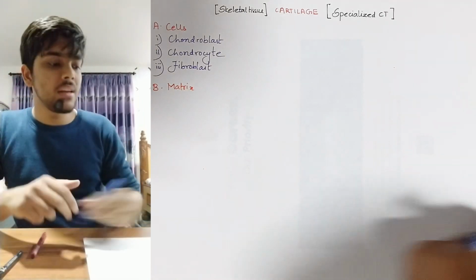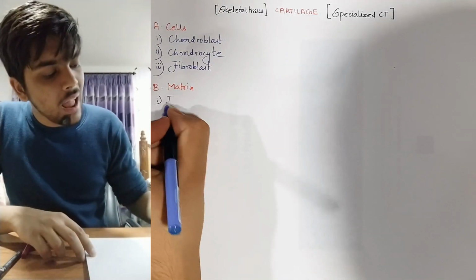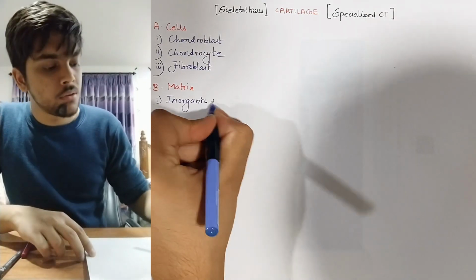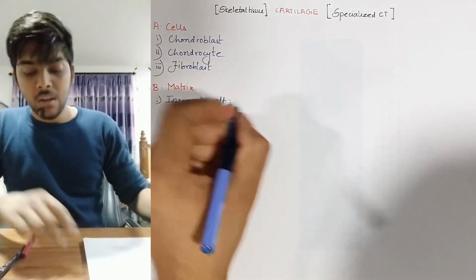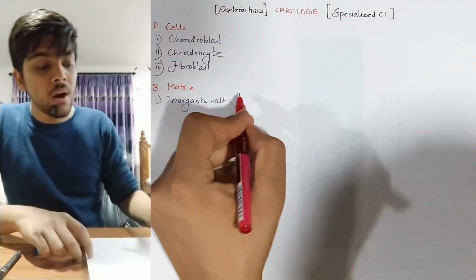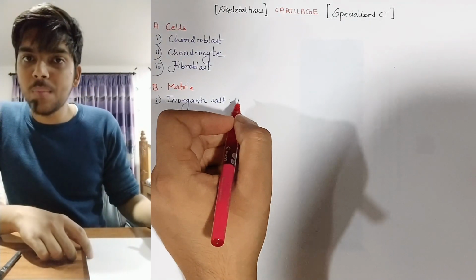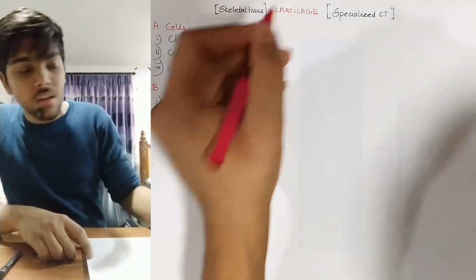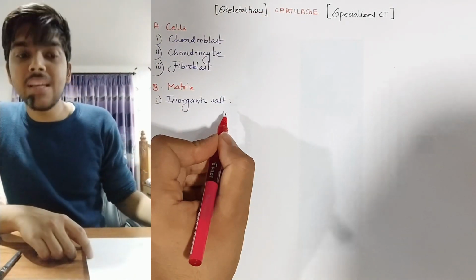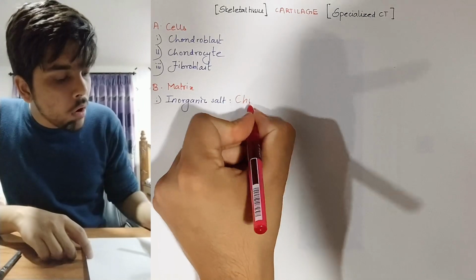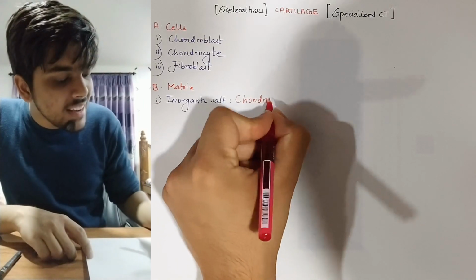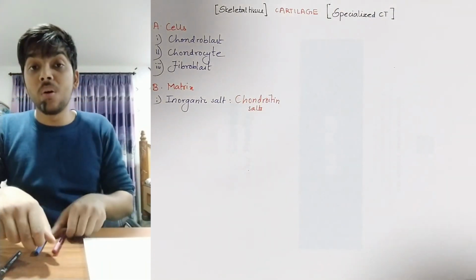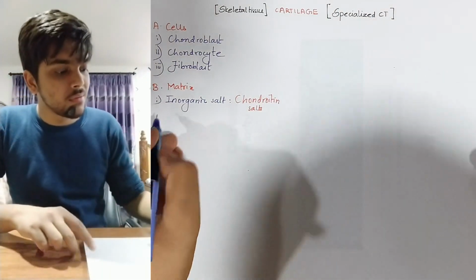The matrix contains an inorganic part and an organic part, the same way a bone has. The inorganic salt present in bone is calcium phosphate and calcium carbonate, together known as hydroxyapatite. In cartilage, the inorganic salt present is chondroitin salts, or the salts of cartilage.